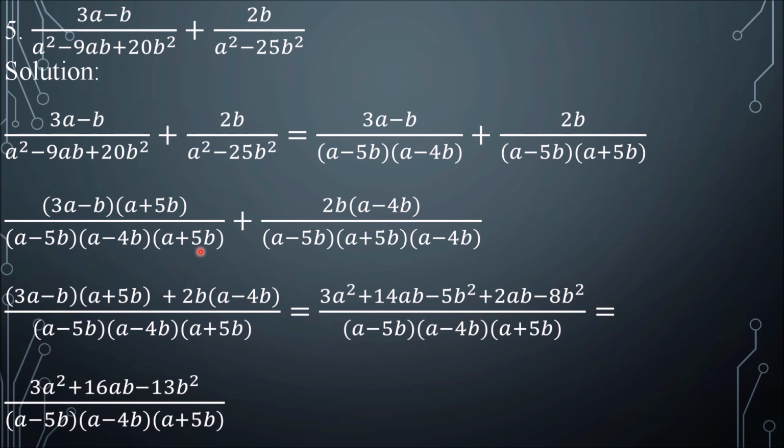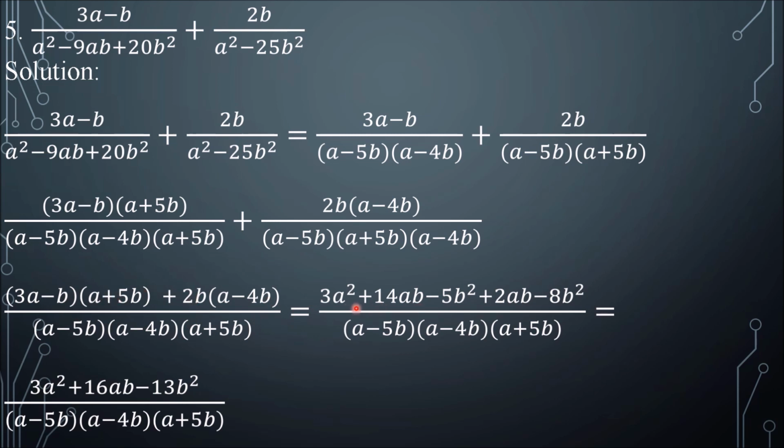Now, as you can see, they have the same denominator now. (a - 5b)(a - 4b)(a + 5b). We can now combine the numerators. So that's (3a - b)(a + 5b), and then 2b times (a - 4b). Now let's do first the first numerator.